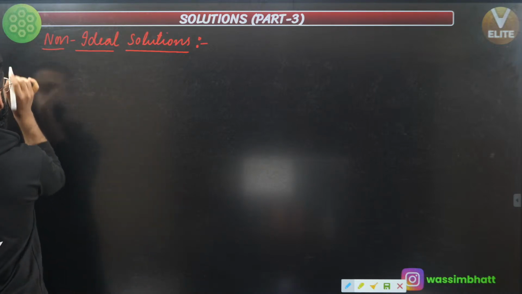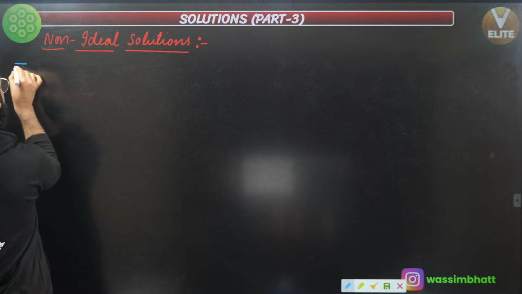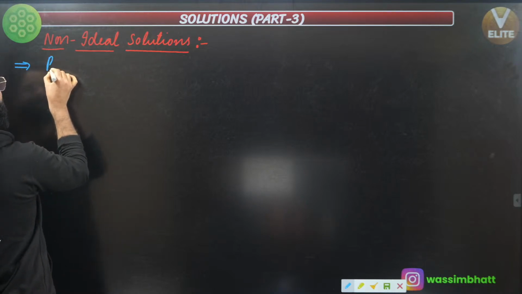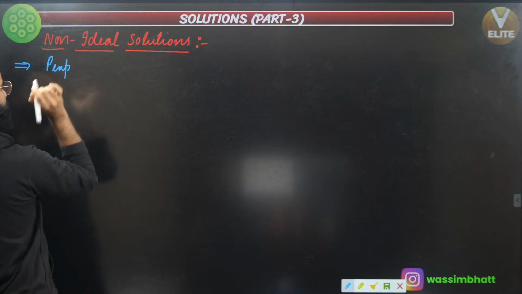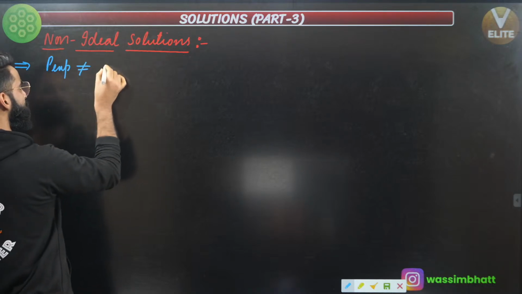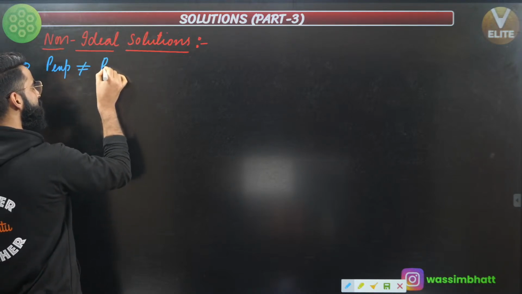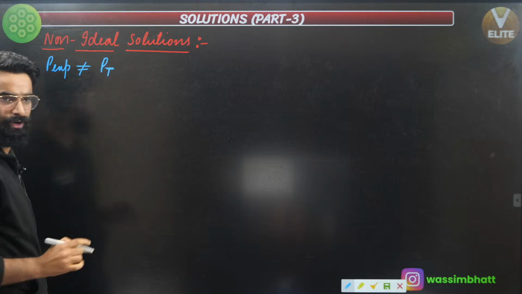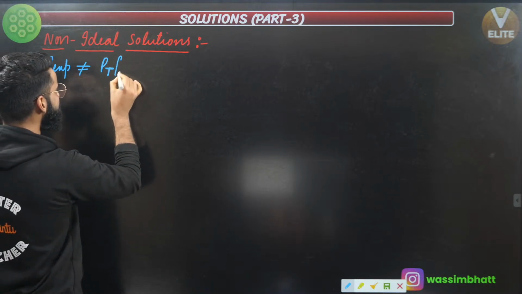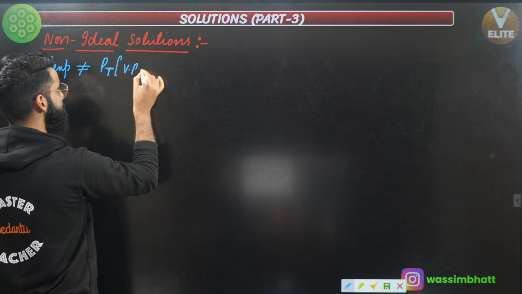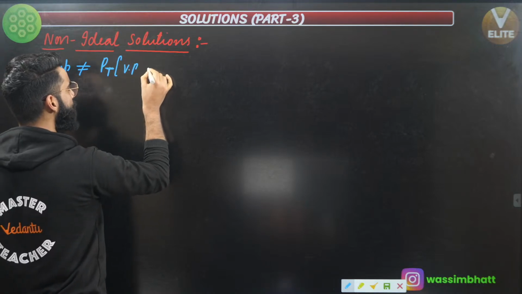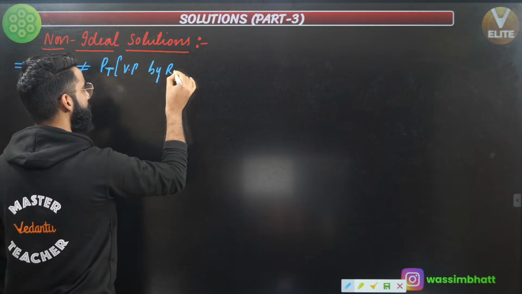First of all, non-ideal solutions are the ones in which the experimentally determined vapor pressure is not equal to the theoretical vapor pressure which is calculated by means of Raoult's law. Theoretically determined vapor pressure means the vapor pressure of the solution which is calculated by means of Raoult's law.